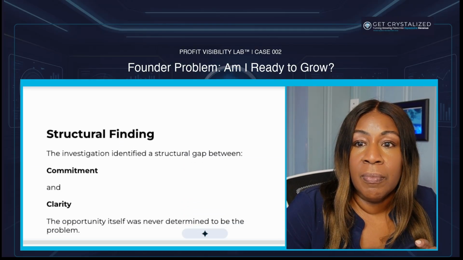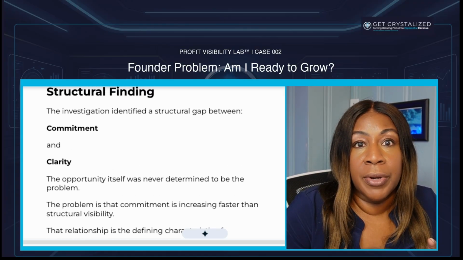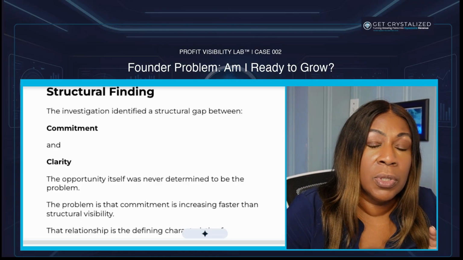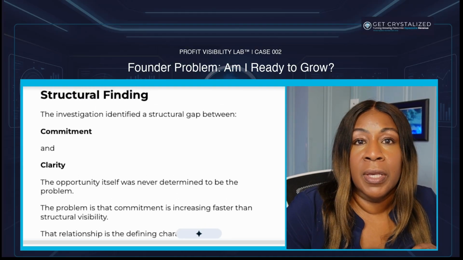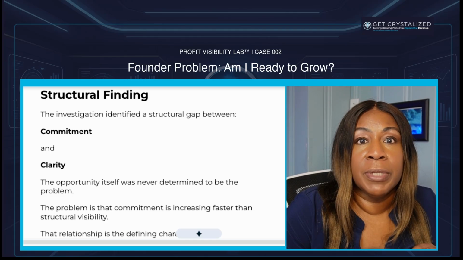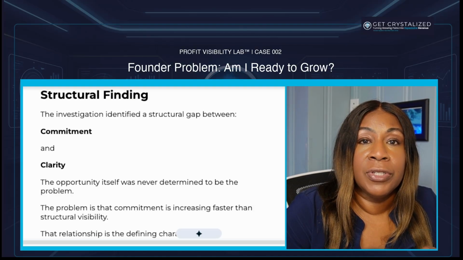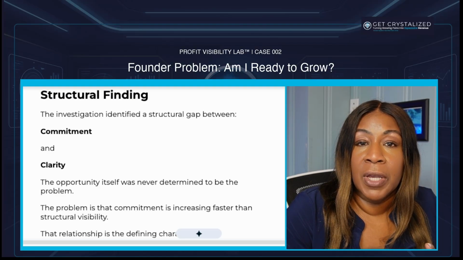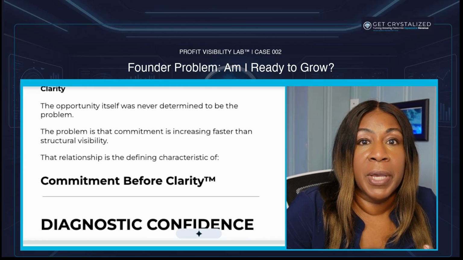So the finding here is that we identified a gap between clarity and our commitment to this new client or this new opportunity. The opportunity itself was never determined to be a problem. The problem is that the commitment is increasing faster than our ability to have visibility into the evidence, our structural visibility. And that relationship is defining the character of this pattern.